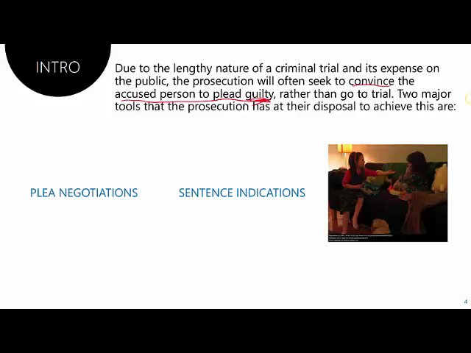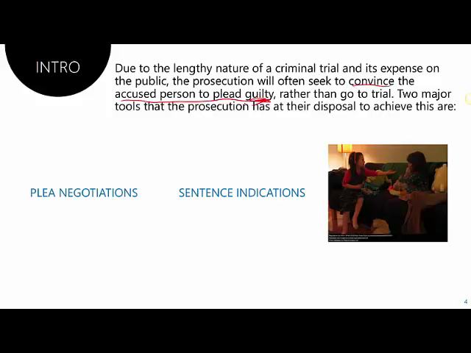Okay? This obviously saves a lot of money, because you don't have to impanel a jury, pay them, pay to have a prosecutor there, a judge running the trial, and so on and so forth. But it also saves a lot of time, because you're not taking up court time with cases that are very much likely to succeed, and you would be able to use court time for other purposes.